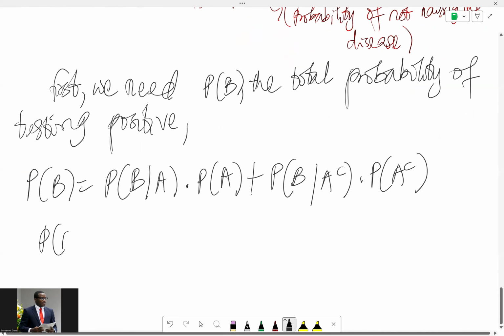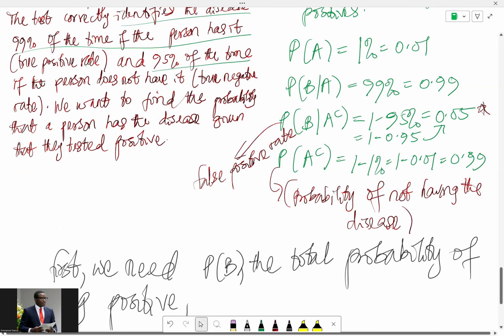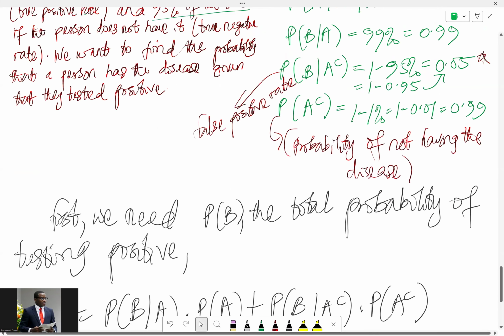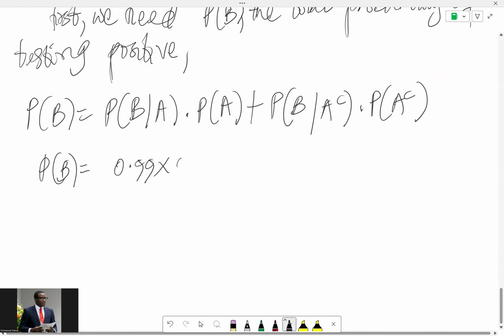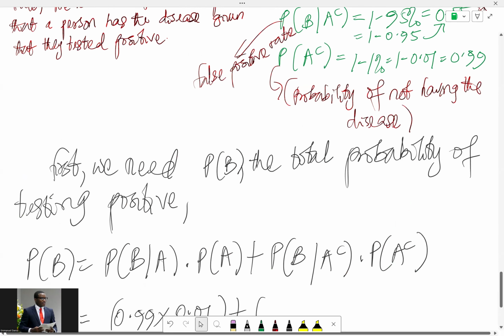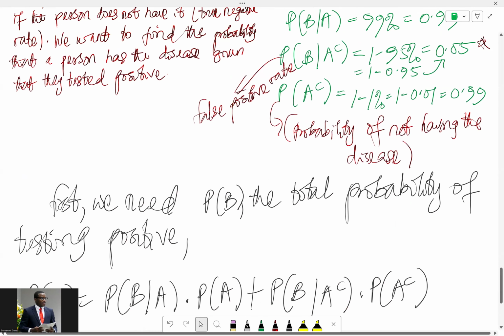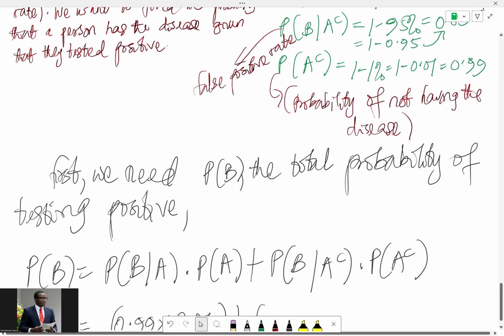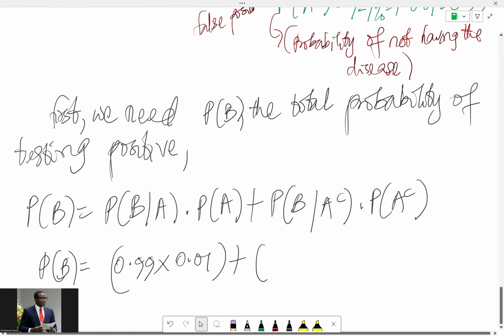So the probability of B now is the probability of B given A, which is 0.99, times the probability of A, which is 0.01. That plus the probability of B given A complement. That's the false positive rate, meaning the person is detected to have it, whereas the person doesn't.